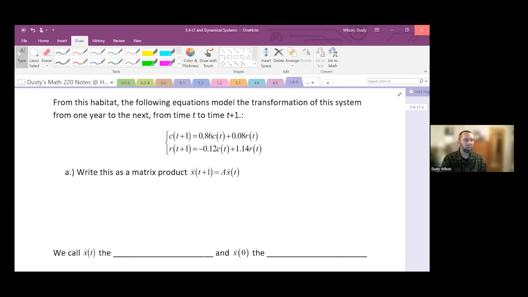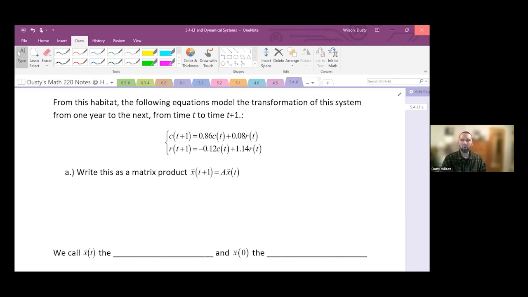Notice that the coyote population goes up in part based on the number of coyotes that there are, but also in part based on the number of roadrunners, whereas the roadrunner population decreases as the number of coyotes increases and increases based on the population of roadrunners.